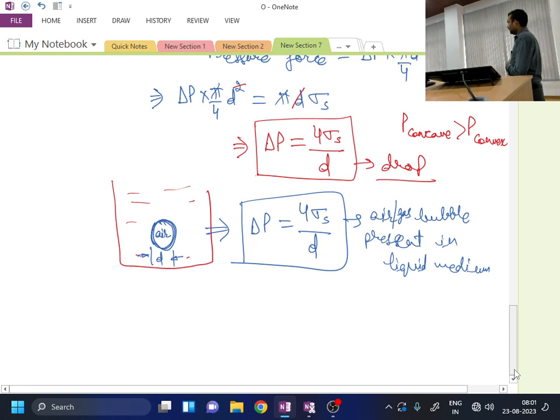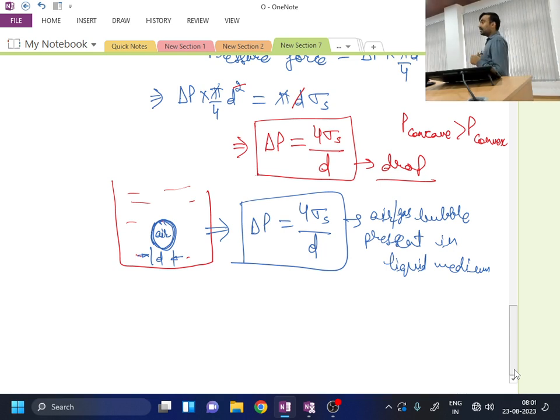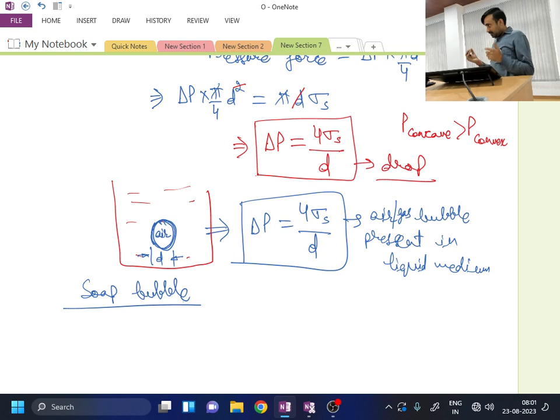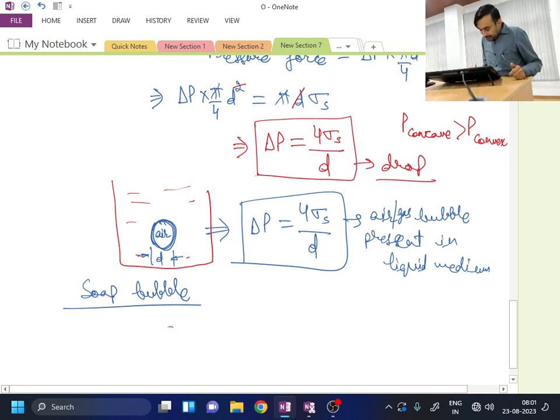Fine. Now consider another situation: in place of the air bubble, you have a soap bubble. Then what will be happening? If you have a soap bubble, you will have this situation. This is the liquid interface of the soap bubble, a thin liquid film.